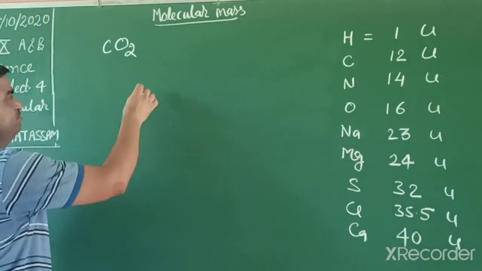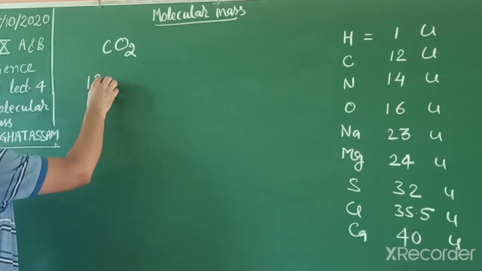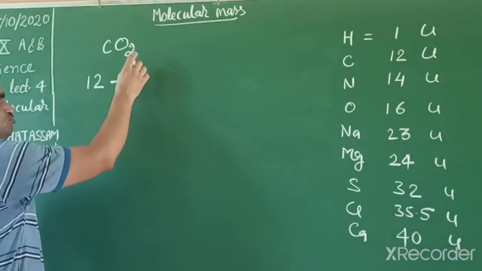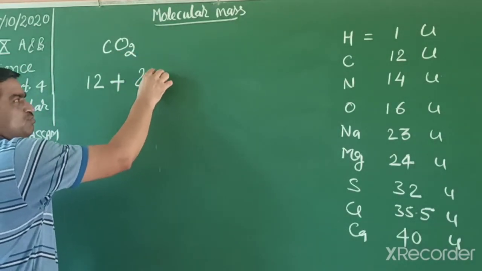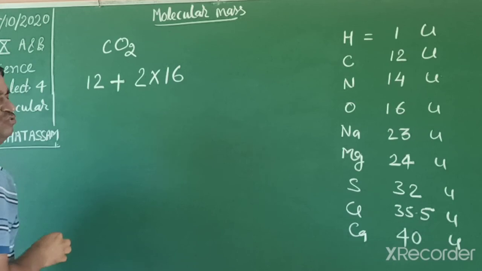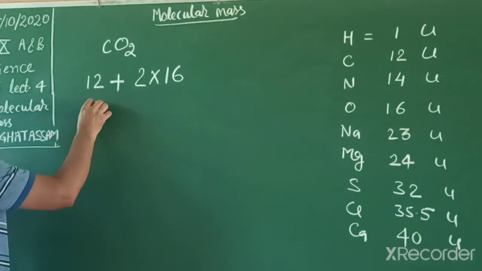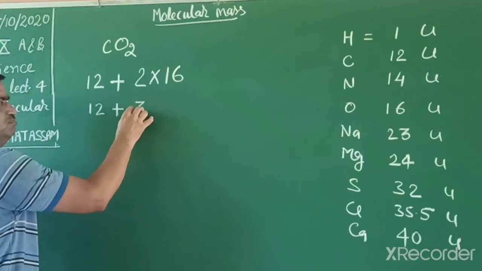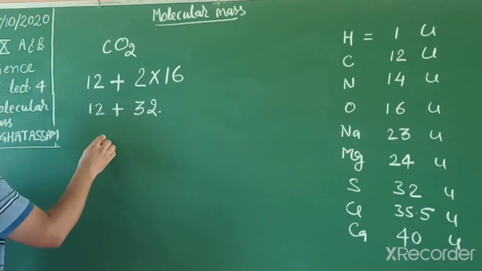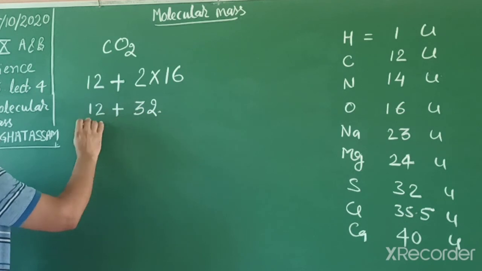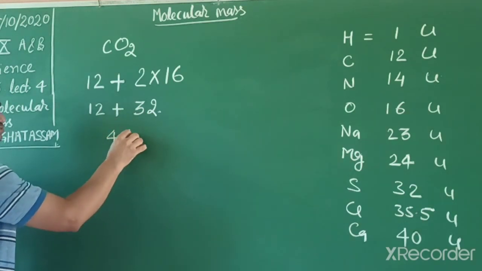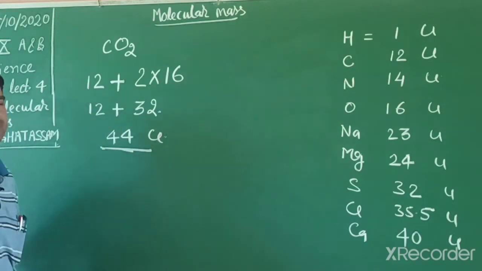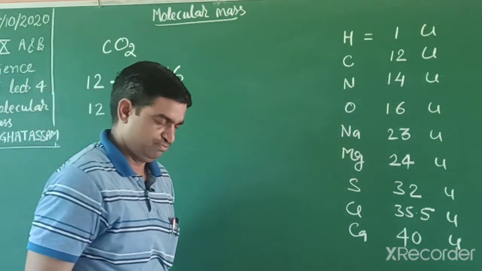So carbon mass we know is 12 U, and oxygen mass is 16 U. So 2 atoms, 2 into 16, is 32. So 12 plus 32 is 44 unified mass. So 1 molecule of carbon dioxide is 44 U.